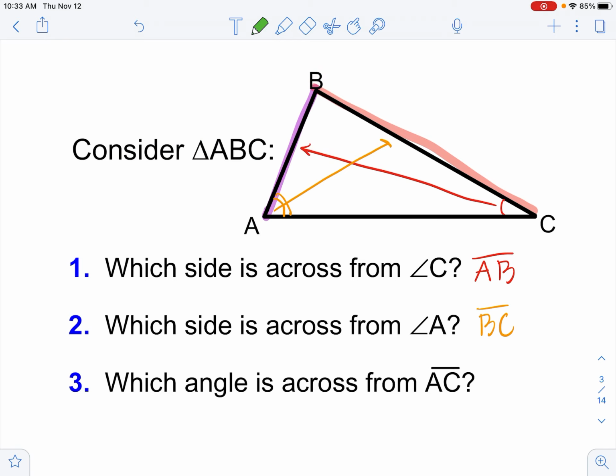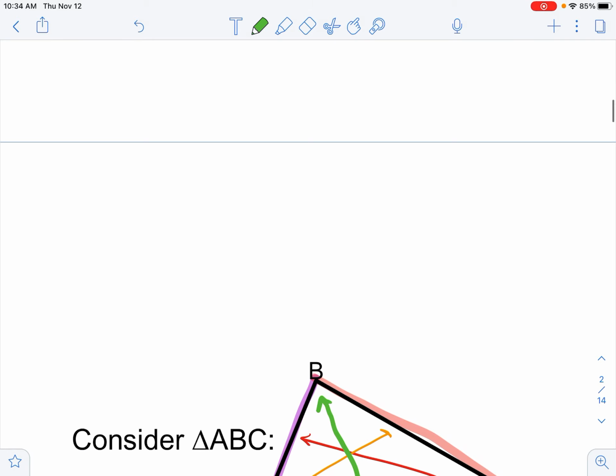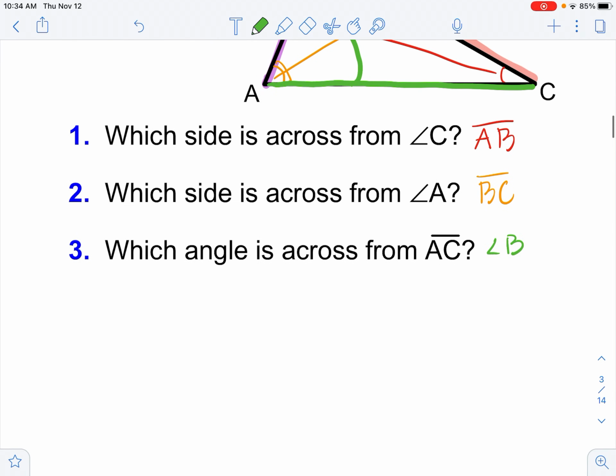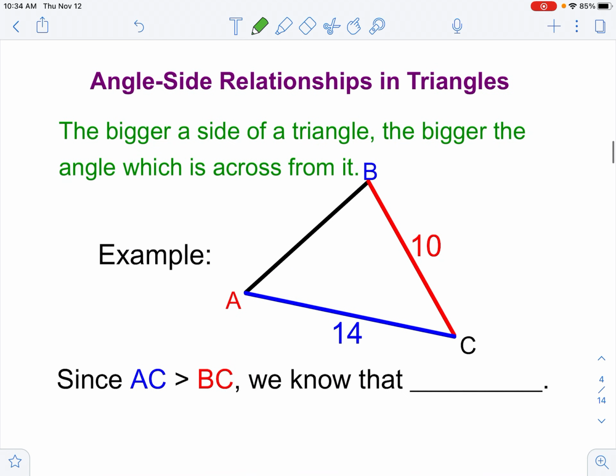All right, last one. Which angle is across from AC? So here's AC. I want to know which angle is opposite of it, and that's angle B. Same trick works here: you could cover up AC and say, oh, B is opposite of it, or across. So once again, when I say opposite of or across from, same thing.